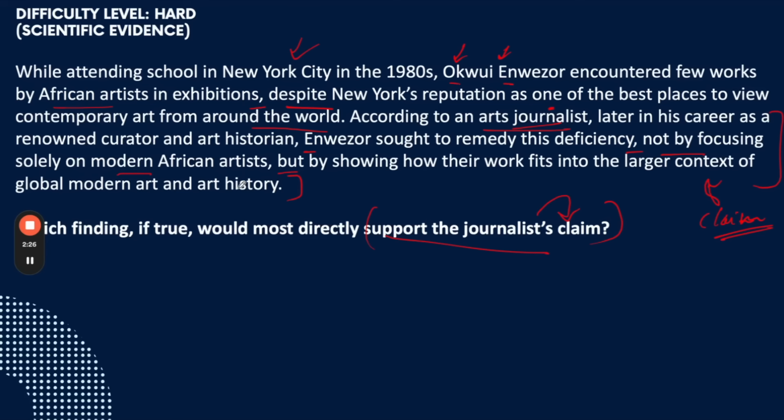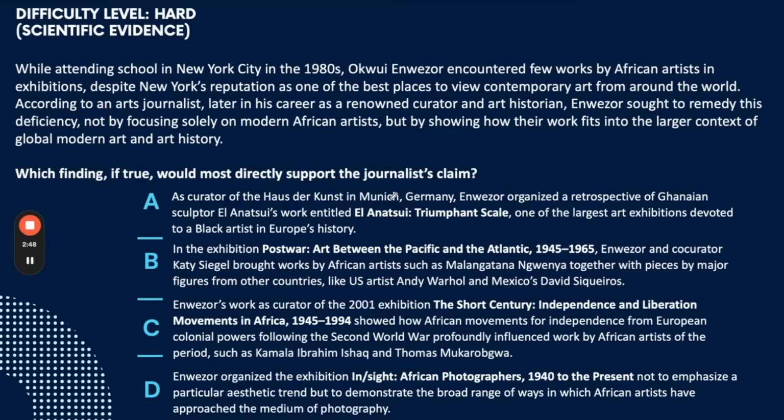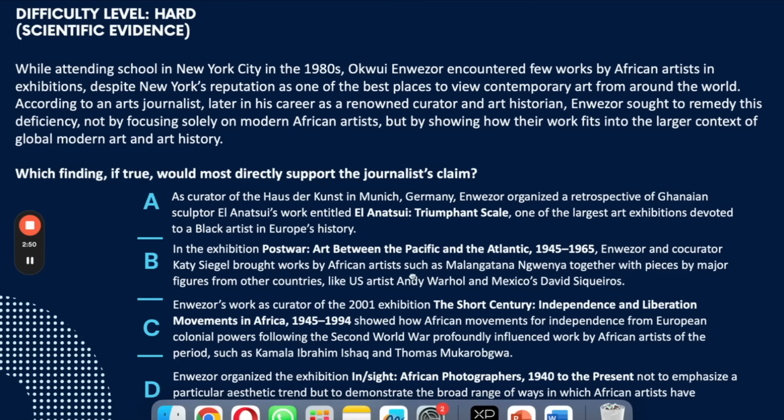So the correct answer, whichever option we pick, should show OE's work to integrate African art into a broader global art context, demonstrating its relevance and connections to worldwide trends. Right? Now, with this understanding, let's go to our options and see if we can eliminate some.